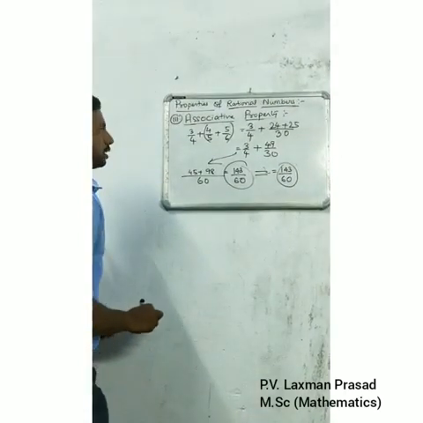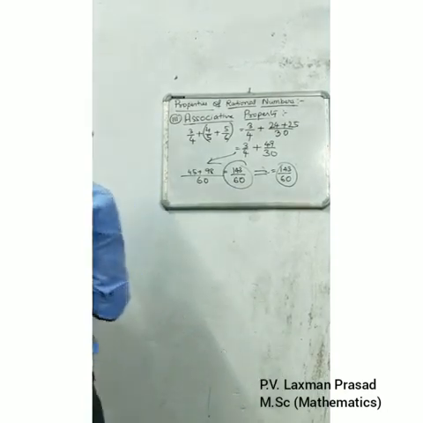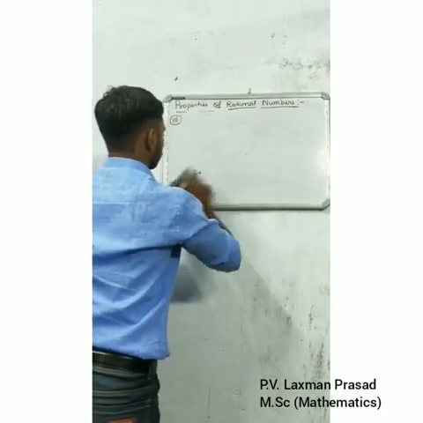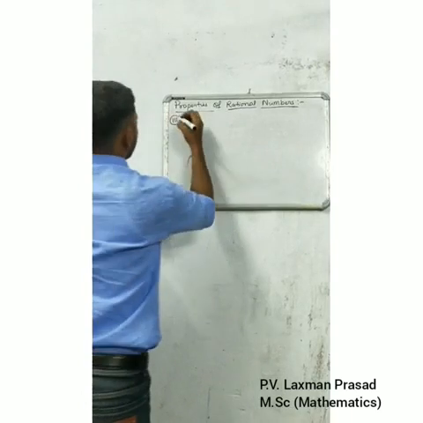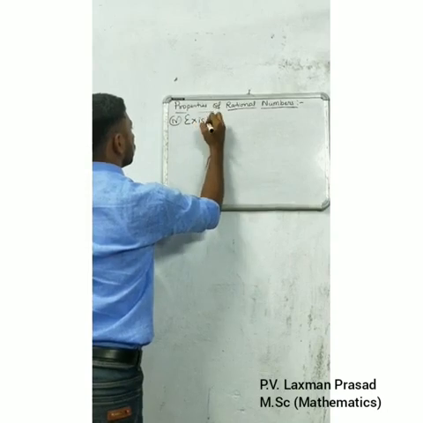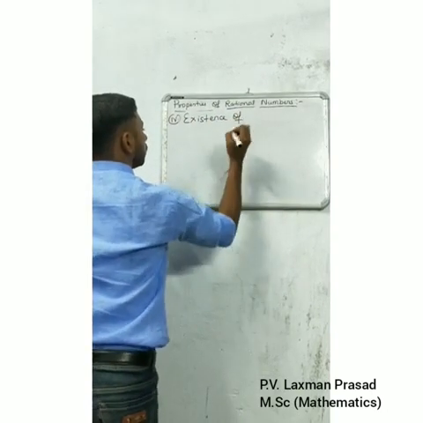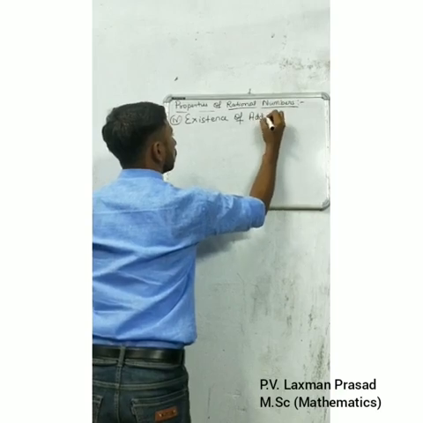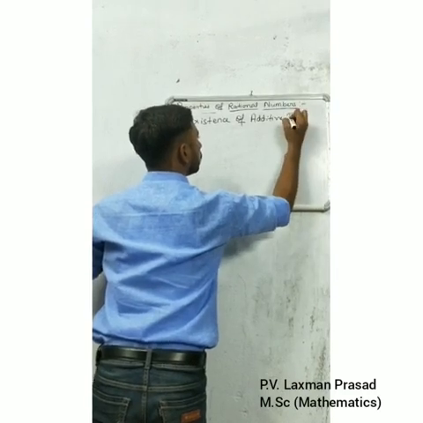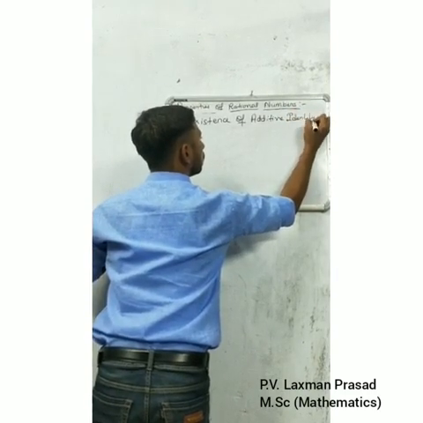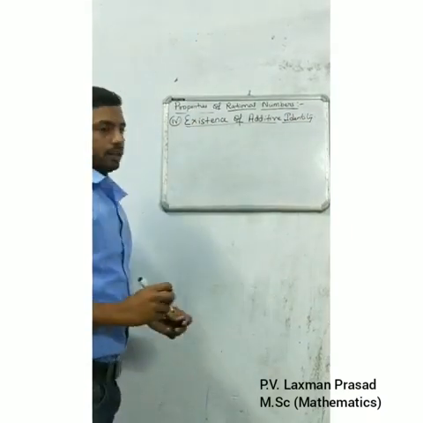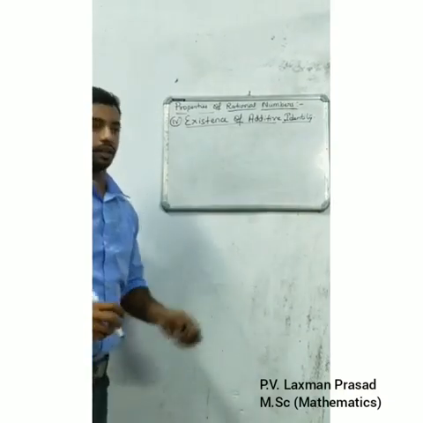Now we'll move on to the fourth property. The existence of additive identity. Now, what is an additive identity?